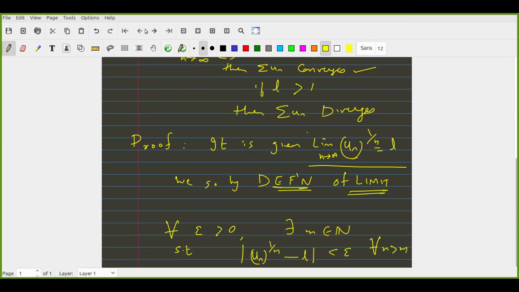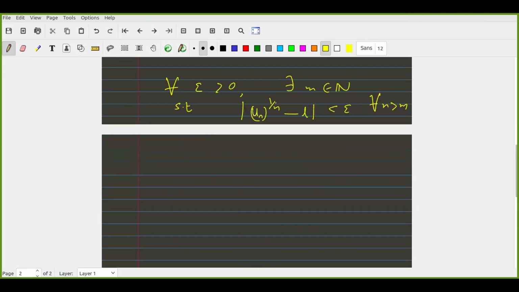So what does it mean? It means that except for the first few terms up to m, for all the rest, the difference between un power 1 by n and L is going to be bounded by the small number epsilon, right? So this can be rewritten as L minus epsilon less than un power 1 by n less than L plus epsilon.